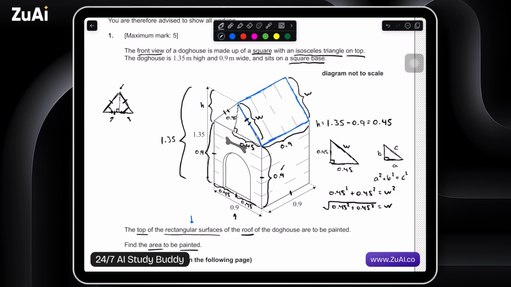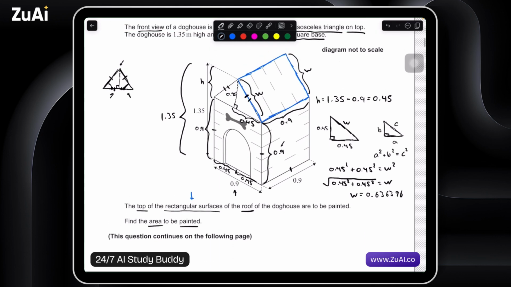And that's going to give us a value of w of 0.636396. Since we're not actually finished this question yet, I'm going to save a lot of digits. I'm not going to just keep 3 sig figs. In the end, we're going to round it to 3 sig figs, so probably 4 or 5 should be okay. So there's w, the width.